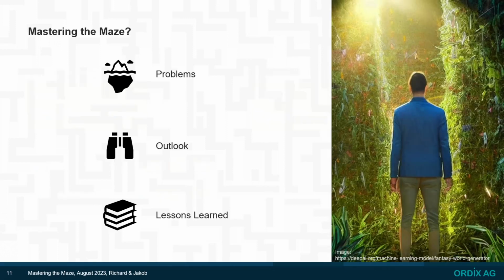So to answer the question we came into this talk with: is it possible to master the maze, to find the way through our system landscape with the Deep Q learning algorithm? First of all, as we've seen in the last slide, there are some problems.